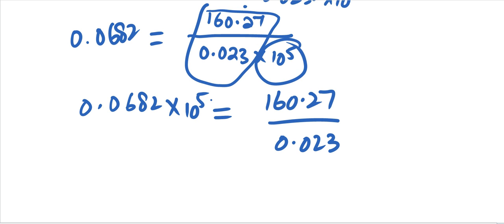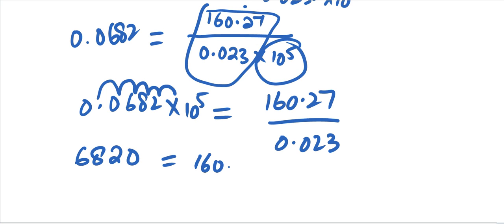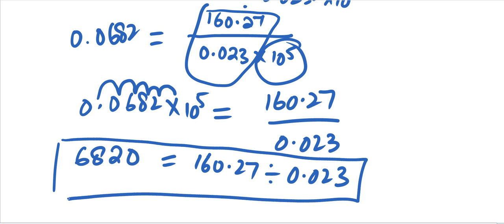It means I want to decrease the power, so I must increase my number: 1, 2, 3, 4, 5. So that will be 6820 equals 160.27 divided by 0.0235, and that is our required value.